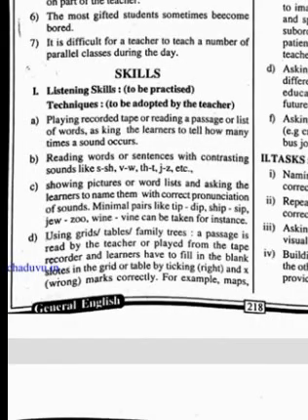Listening skills, techniques: playing a recorded tape or reading a passage or list of words and asking the learners to tell how many times a sound occurs.